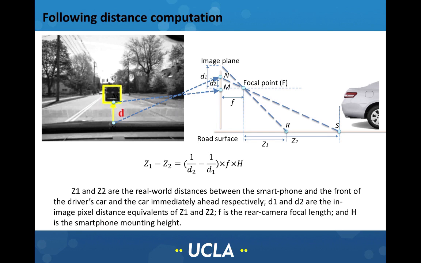Z1 and Z2 are the real-world distances between the smartphone and the front of the driver's car and the car immediately ahead. D1 and D2 are the image pixel distance equivalents of Z1 and Z2. F is the rear camera focal length, and H is the smartphone mounting height.